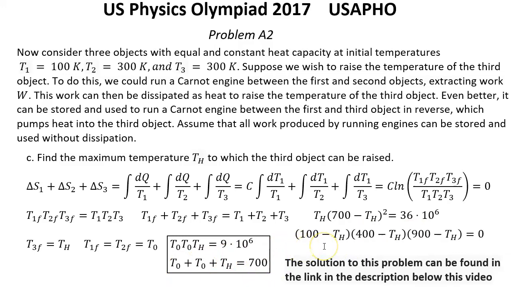The rest we can convert to a quadratic equation, and we have finally this expression, from which we have the other two roots, 400 and 900. But because of energy conservation, 900 is not possible, so the real answer is 400. It means that the final answer for the highest temperature is 400. That was the solution for question C.